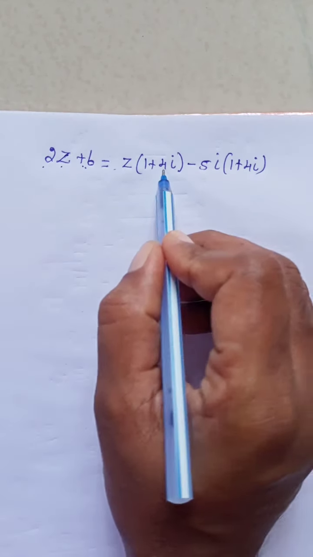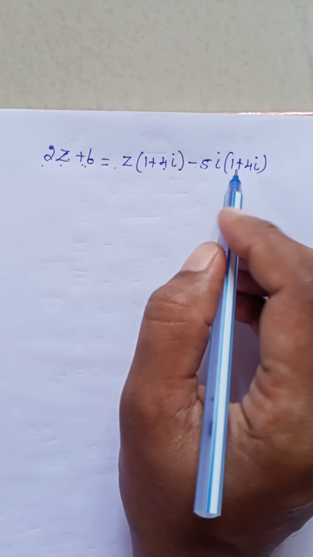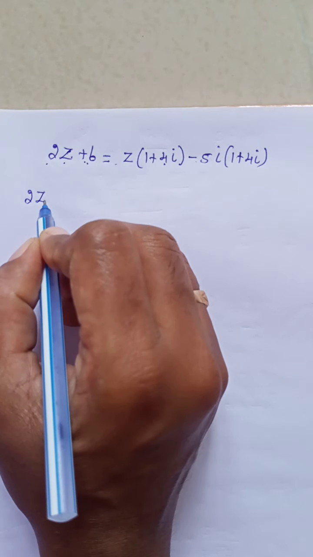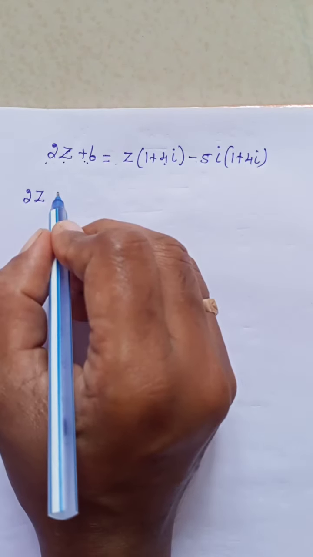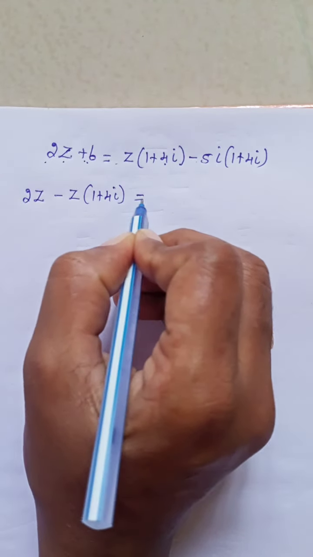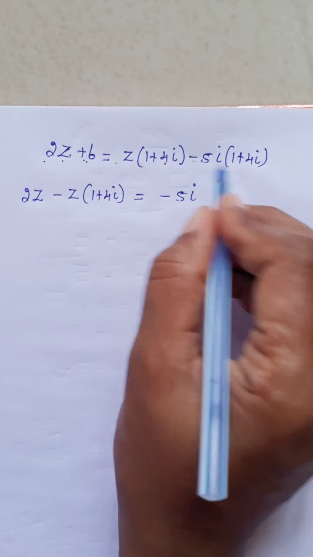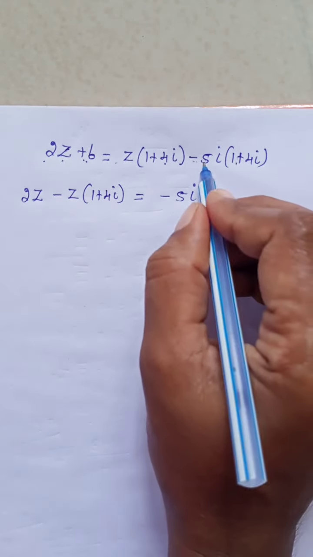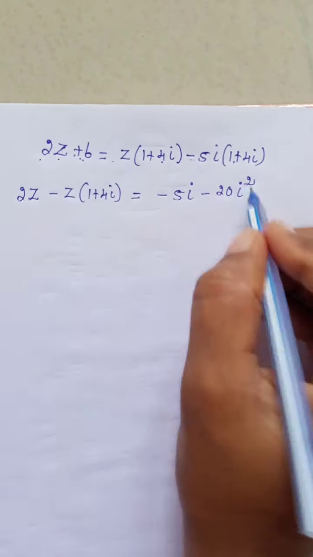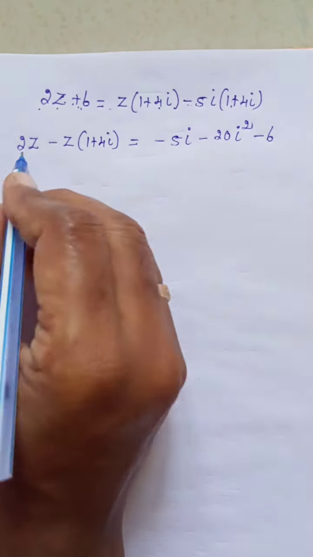Now z into (1 plus 4i) minus 5i into (1 plus 4i). Actually, z we need, isn't it? So bring the z to one side. So 2z minus z into (1 plus 4i) is equal to minus 5i into 1 is minus 5i, minus into plus, minus 5 into 4 is 20, i into i is i square, and this plus 6, when it comes to the next side, that is minus 6.